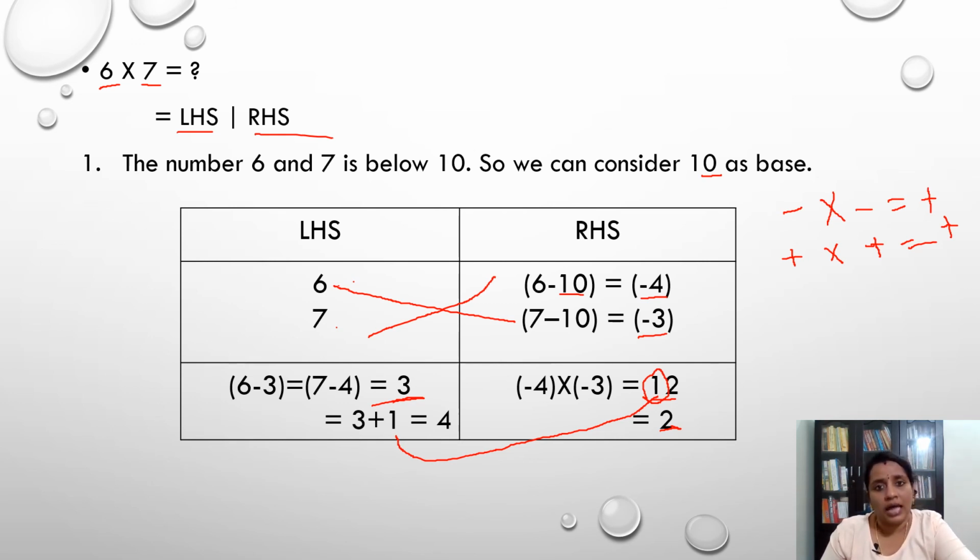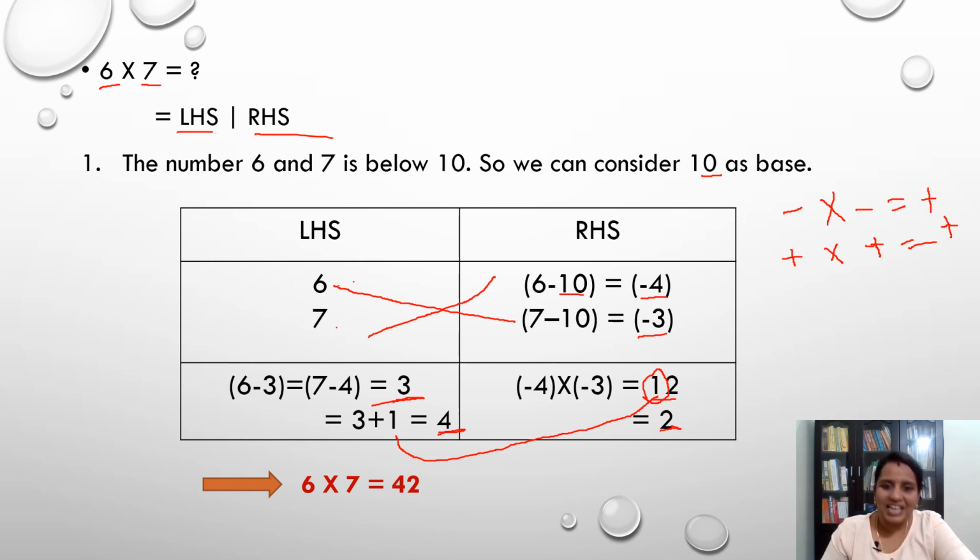The other digits, other than the ones place of the number which we get by multiplying the differences of the base and the number, have to be carried over. So in my LHS, I have got 3 and then I add my carryover, which gives me 4. So my answer for LHS is 4, which implies 6 into 7 is equal to 42.